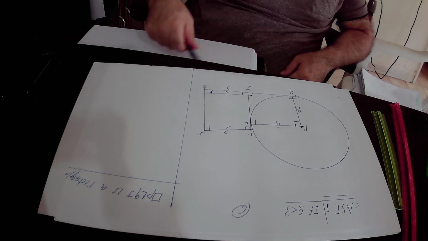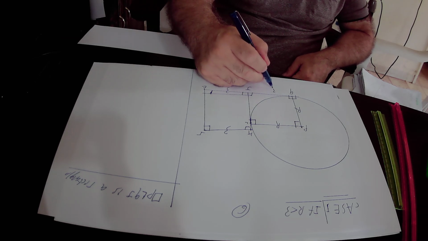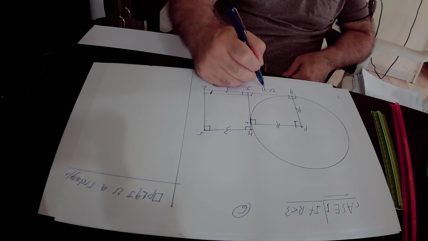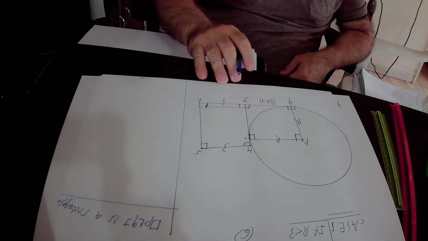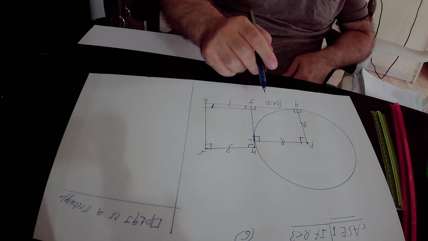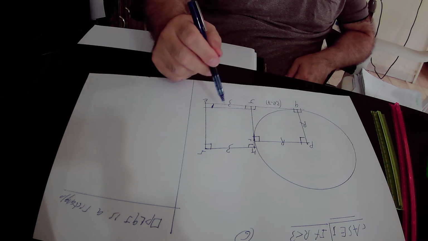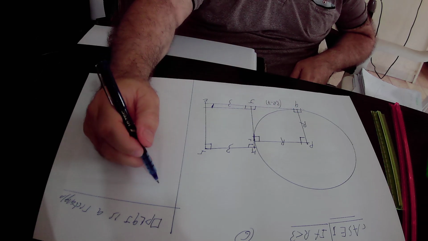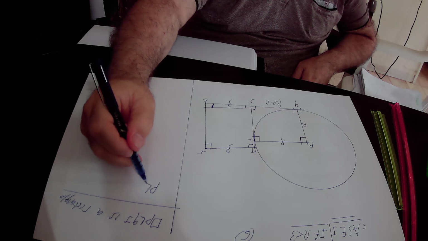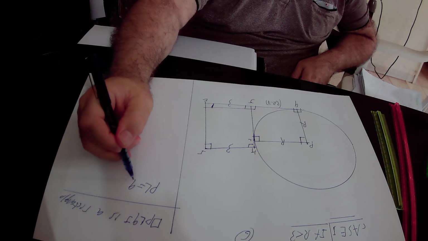Note that the opposite sides of a rectangle are equal to each other. That is to say, PL is equal to QJ.